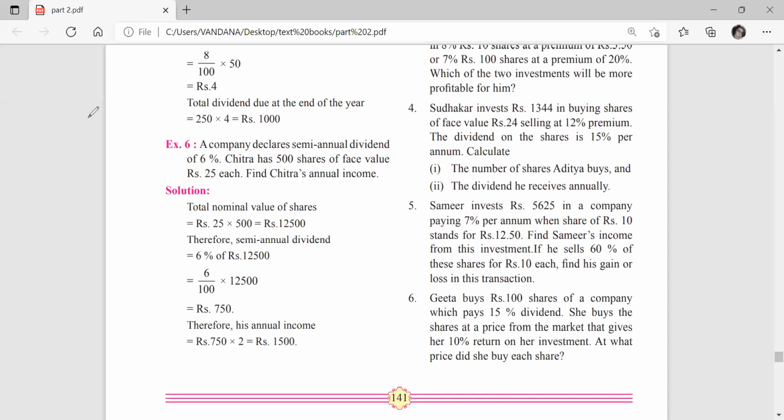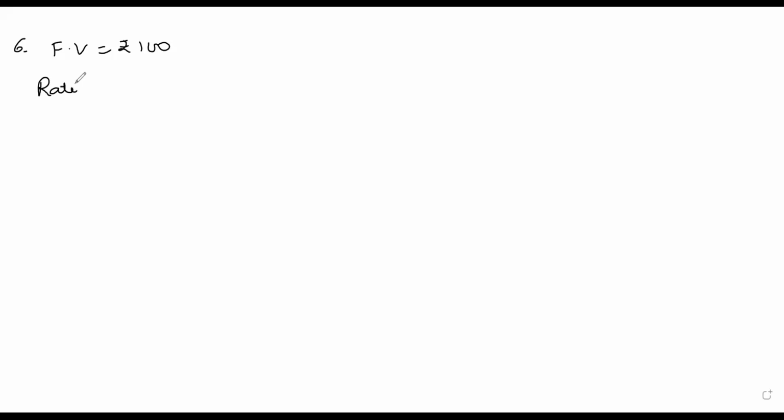Rate of dividend is 15%. So dividend is 15% into 100, that is 15 rupees.